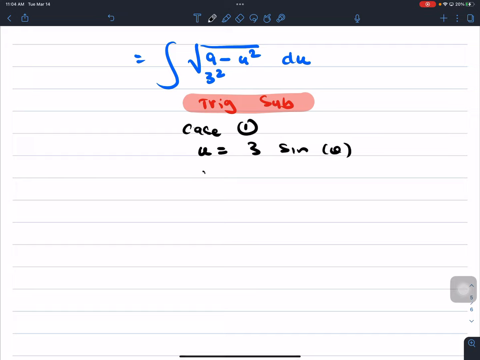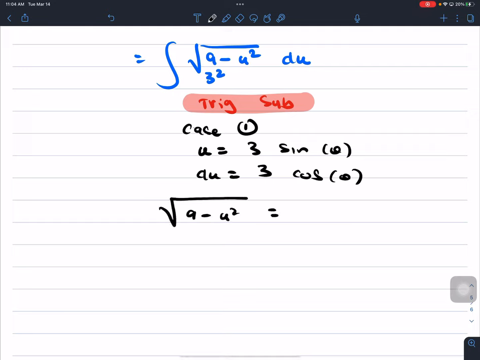What is du? 3 cosine theta d theta. What do I replace that radical of 9 minus u squared with? Isn't that 3 cosine theta? Double check. I think so.